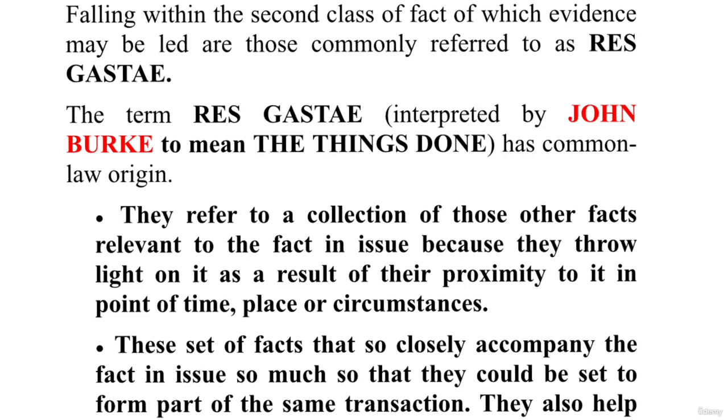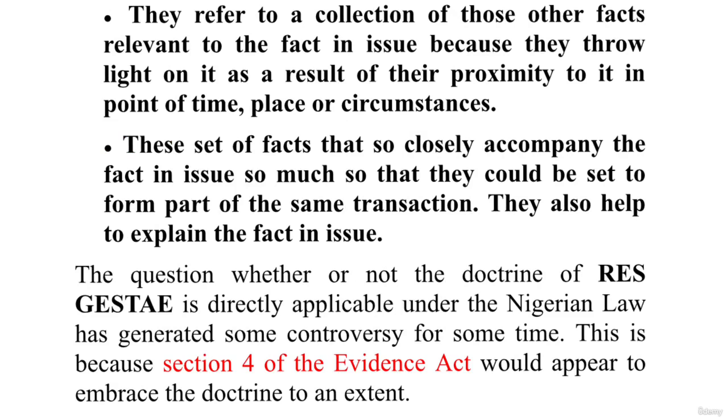They refer to a collection of those facts relevant to the fact in issue because they throw light on it as a result of their proximity to it in point of time, place, and circumstances. This set of facts so closely accompany the fact in issue that they could be said to form part of the same transaction. They also help to explain the fact in issue.